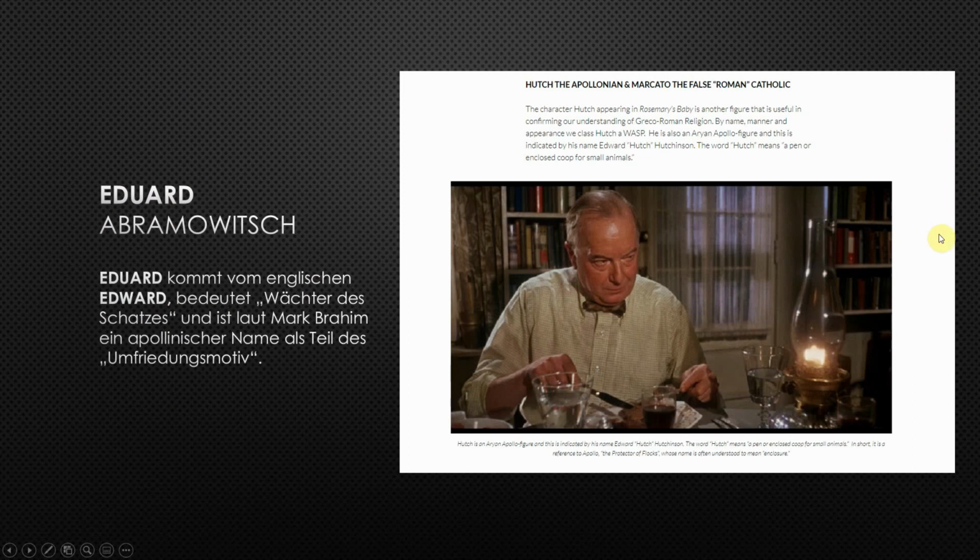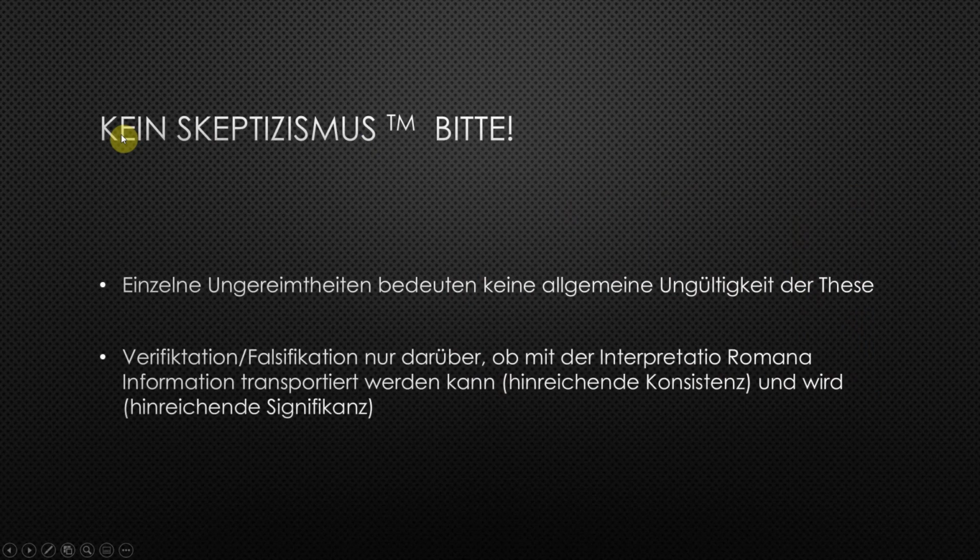But please don't do the skeptics thing. We have this YouTube community in Germany, which we call the skeptics, and they just point out some minor contradictions and say, oh, debunked. And I'm not going to do that, so the symbol language doesn't have to be 100% consistent. That's not required. It needs to be consistent enough to transport information.